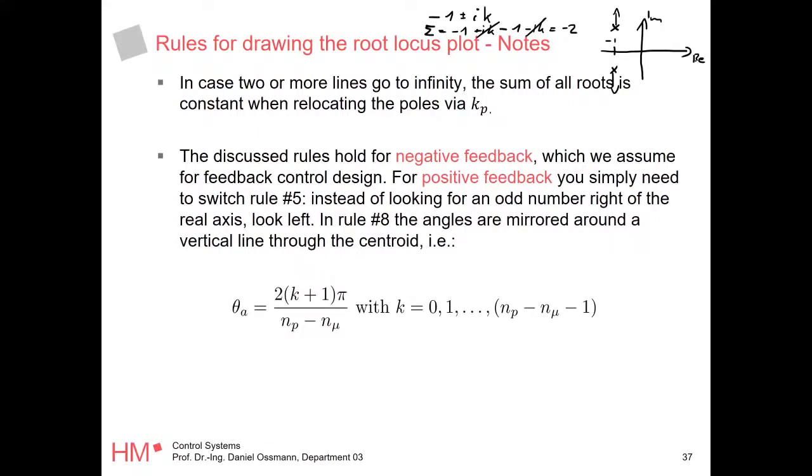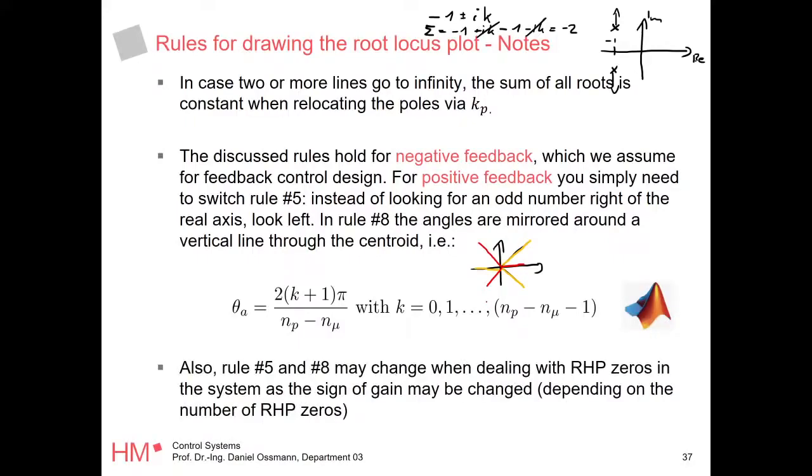Well, for 90 and 270 it's easy. If you have these asymptotes for negative feedback, sorry, let me change the color. If you have positive feedback, let me do the positive in a different color, they will look like this, right? They are just mirrored around the centroid. This is all that changes.